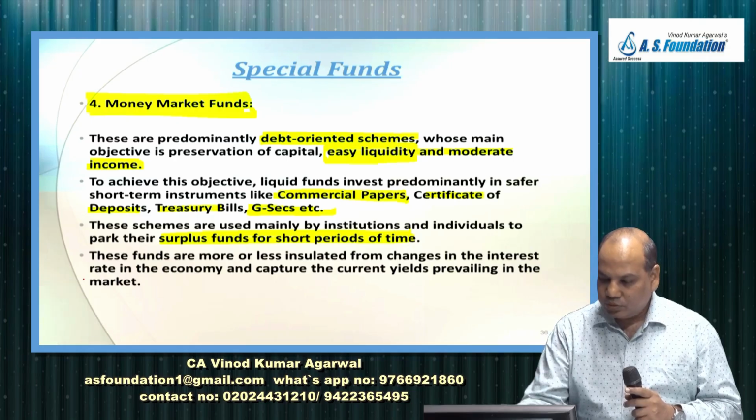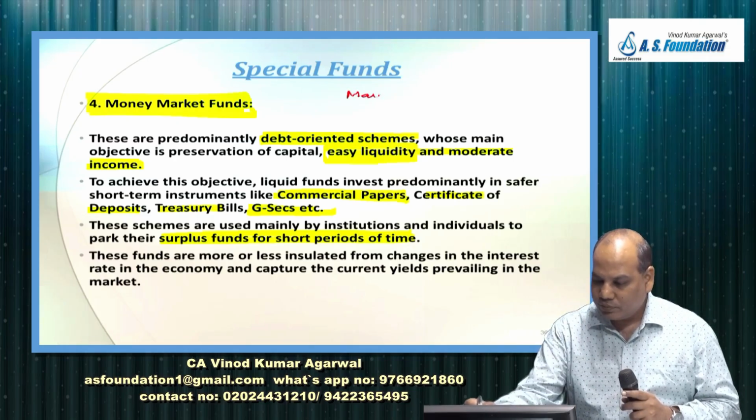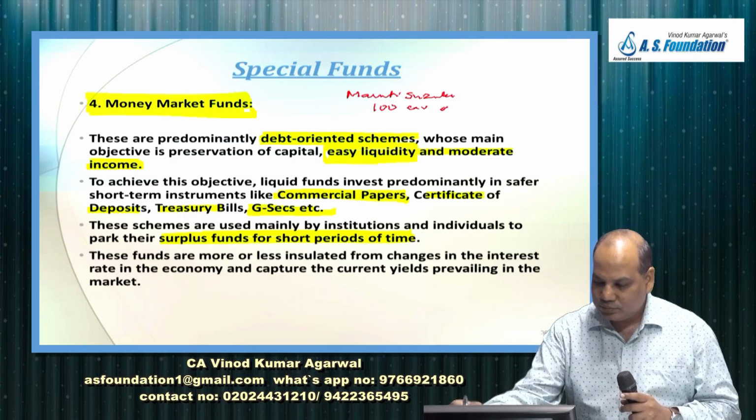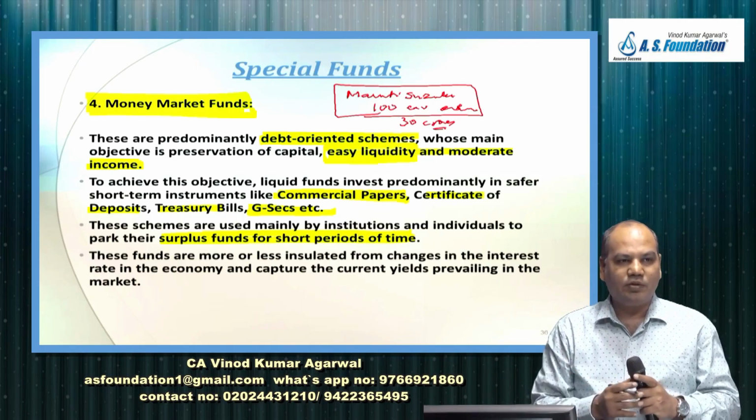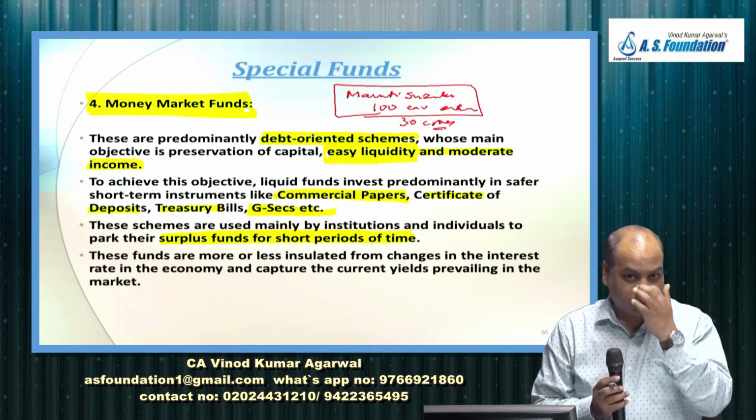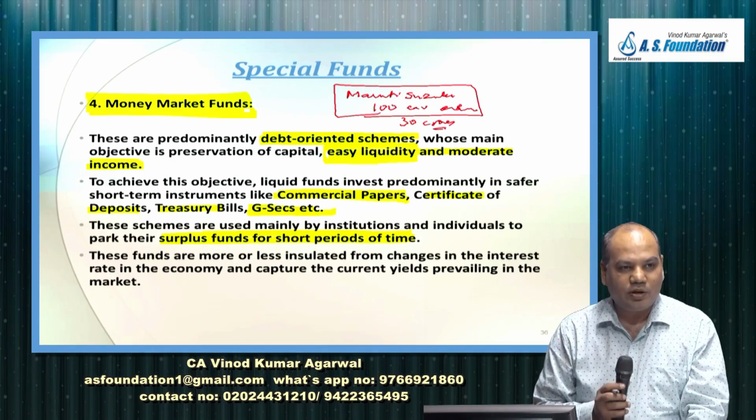For example, Maruti Suzuki receives a 100 car order from their dealer. The dealer says, we want 100 cars. This is the demand draft, 30 crore rupees. Please send us 100 cars. Now you don't require 30 crore rupees immediately.